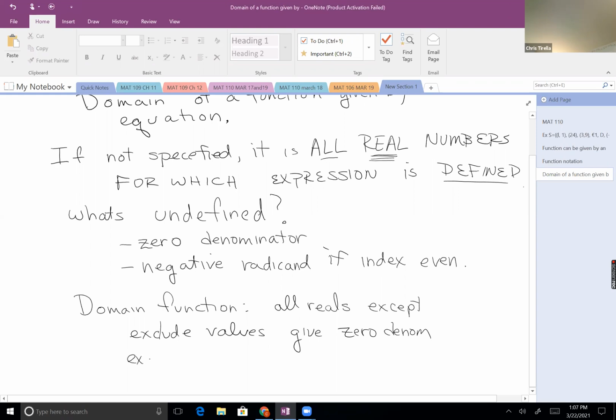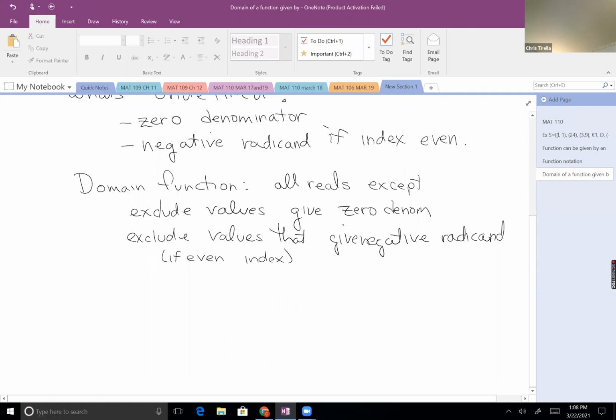And we have to exclude values that give you a negative radicand, if the index is even. So I'm guessing that you're wondering what that's all about.